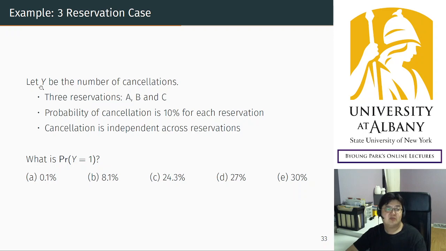So it can be at most 3 and minimum 0, right? 0, 1, 2, or 3. And same, the probability of cancellation is 10%, and they are independent of each other. In this case, what is the probability that only one of these 3 reservations is cancelled?